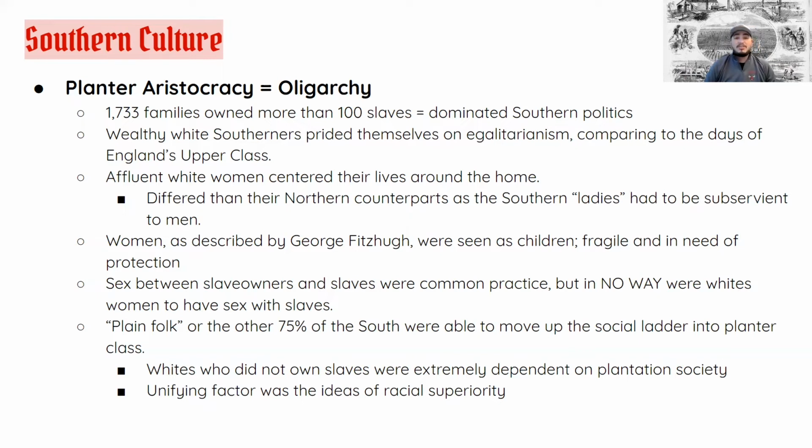You start to also see the dynamics between the slaves and the owners being really interesting at the same time. There are certain things owners of these African-American slaves are able to get away with, and it's even accepted and tolerated within this white upper class elitist society. For example, sex between slave owners and slaves was a common practice.